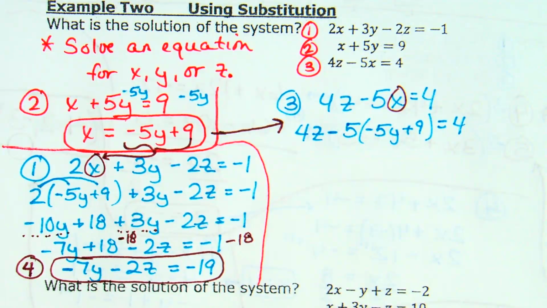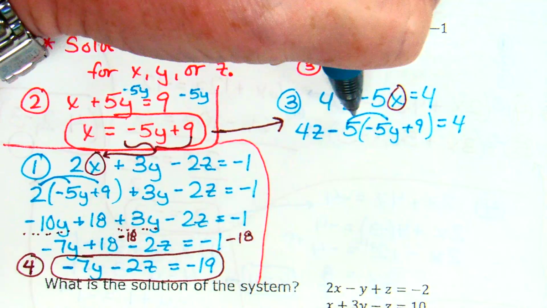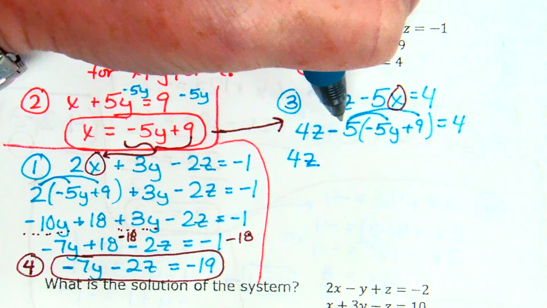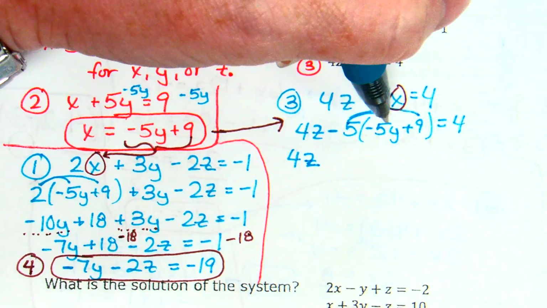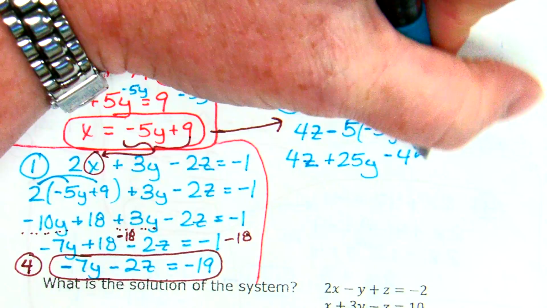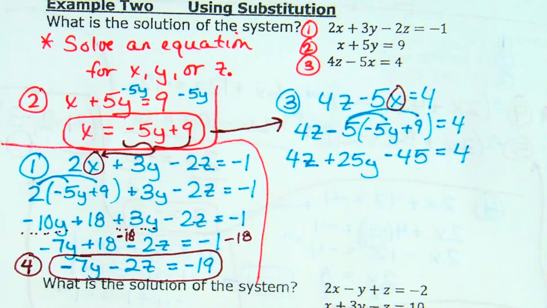Now we need to distribute. So carry down the 4z. Minus 5 times minus 5y is going to be plus 25y. Minus 5 times 9, minus 45, equals 4. I've got my z and y on the left.